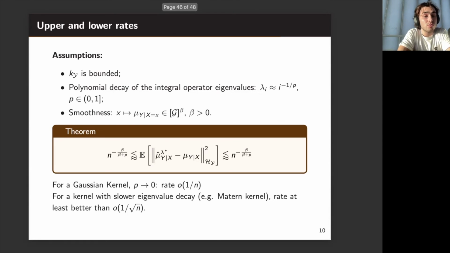But if we use a kernel with slower eigenvalue decay, for example, a Matérn kernel, the rate is at least better than 1 over square root of n. The surprising result here is that the rates we get are actually independent of the dimension of H of Y. Those rates are exactly the same as one could get for scalar-valued regression with scalar-valued interpolation spaces.